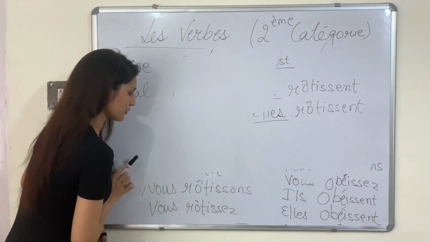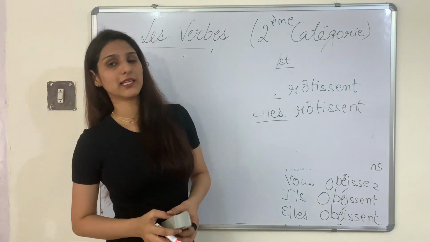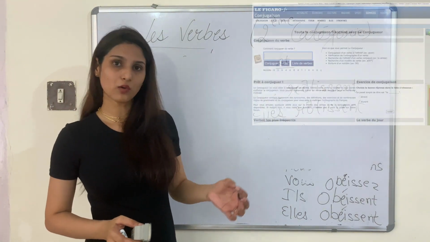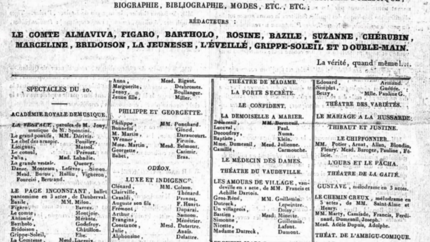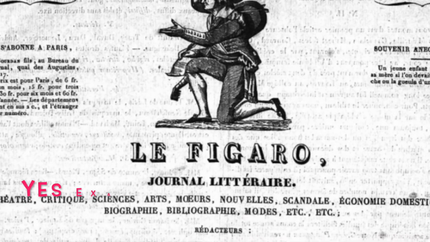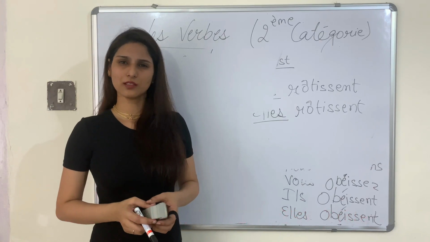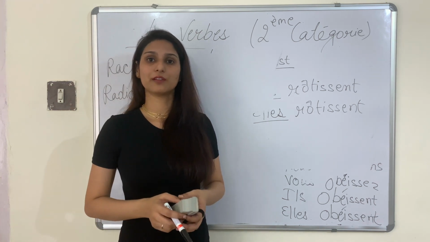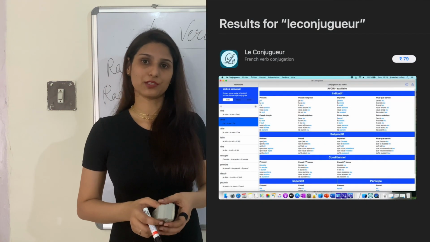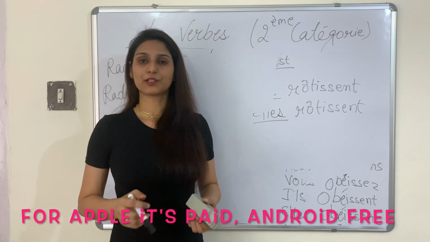Now I will conjugate the last verb for you, and I have always been telling you that there is Le Conjugateur Le Figaro, the ancient newspaper of France, the very top third newspaper of France, established in 1826. Okay, and they have now given us their own application, Le Conjugateur Le Figaro, which you can download, and it works offline.